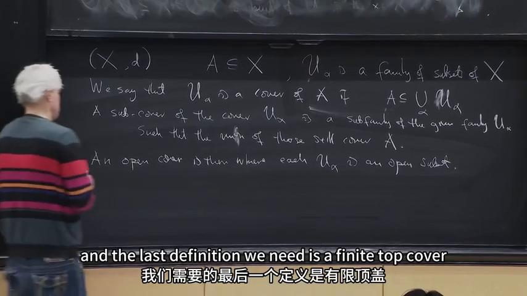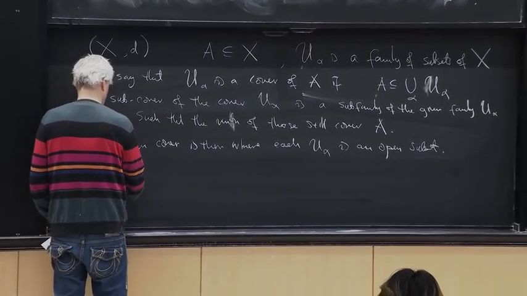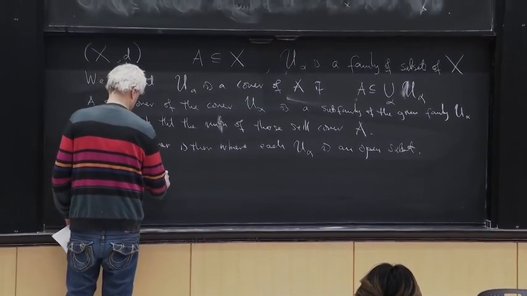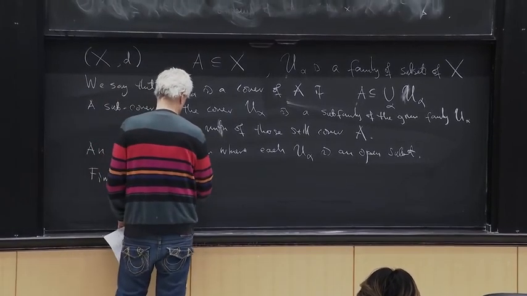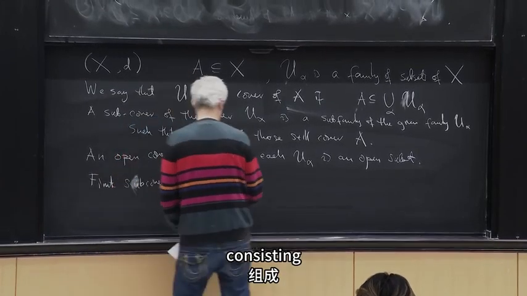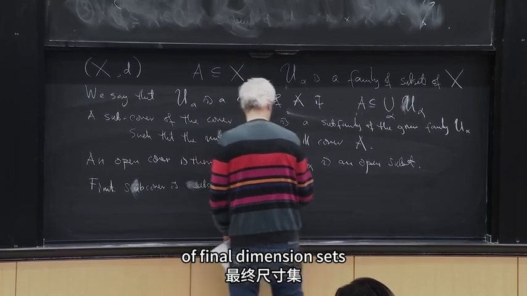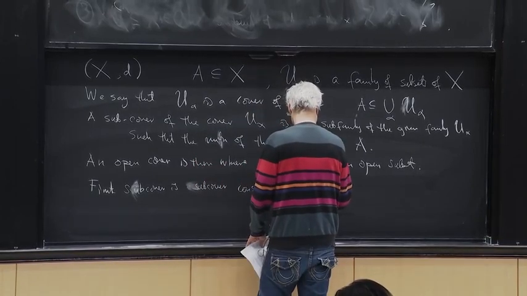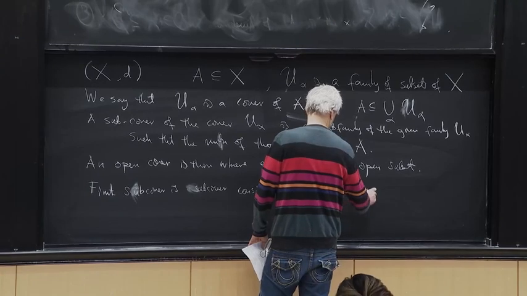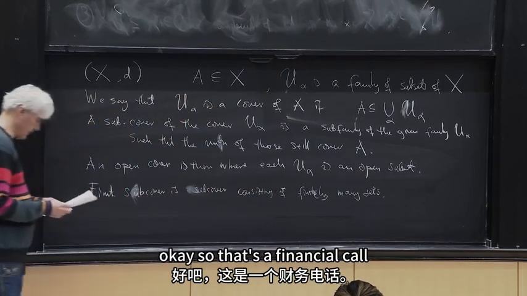And the last definition we need is a finite subcover. A finite subcover is a subcover consisting of finitely many sets. Okay, so that's a finite subcover.